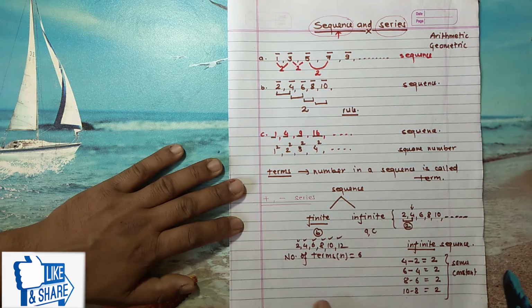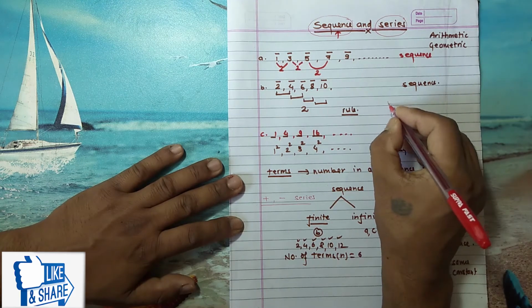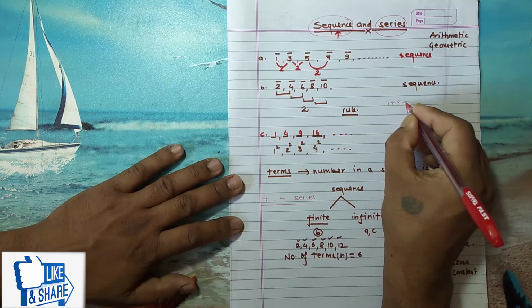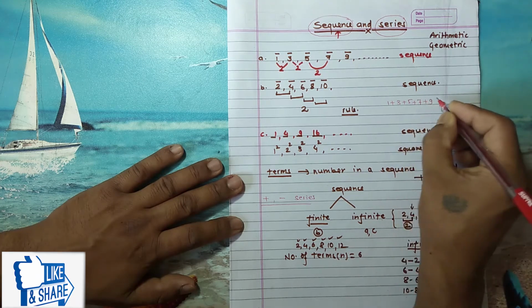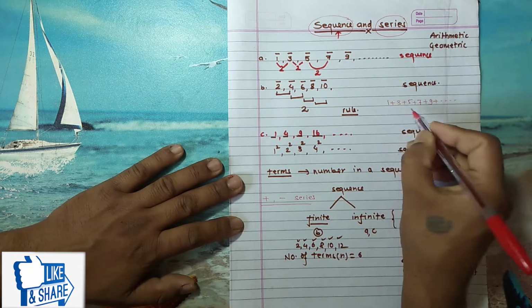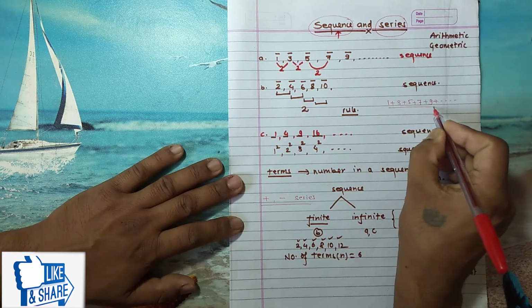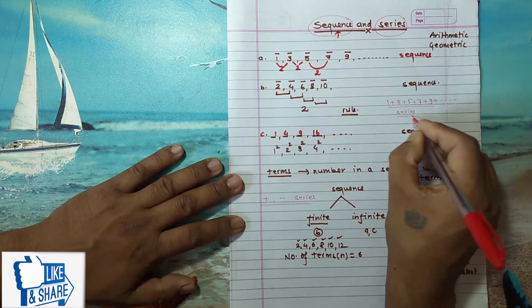Now see, same example I take from here and I will express here. 1 plus 3 plus 5 plus 7 plus 9 plus and so on. Then this type of arrangement of the terms with plus sign, we call it a series.